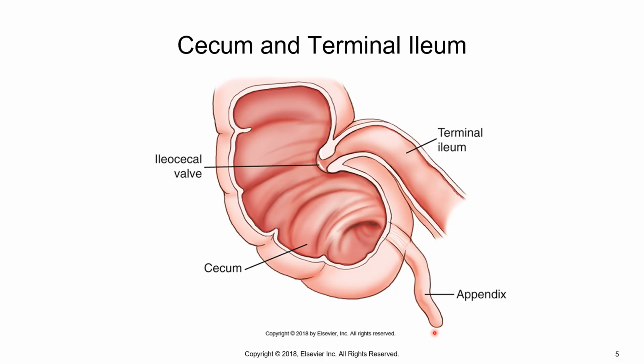They talk about the fact that it has a blind ending, and sometimes infectious agents enter it and it becomes inflamed, which leads to appendicitis. The patient might then be required to have an appendectomy, which is where they remove the appendix. We'll talk about that a little later. Now, ultrasound and CT tend to be the modality of choice if the patient is suspected to have appendicitis.